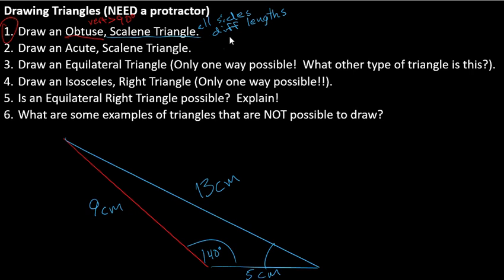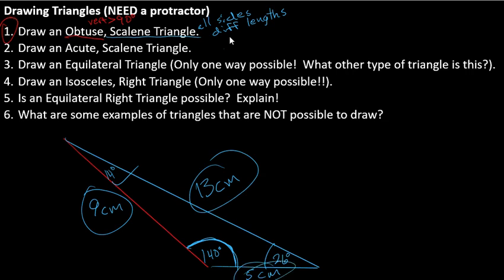This one is right at 26 degrees. And this one, oh man, I'm blind, call that 14 degrees. So this would be a scalene obtuse triangle. I've got my obtuse vertex here, and all three side lengths are different.